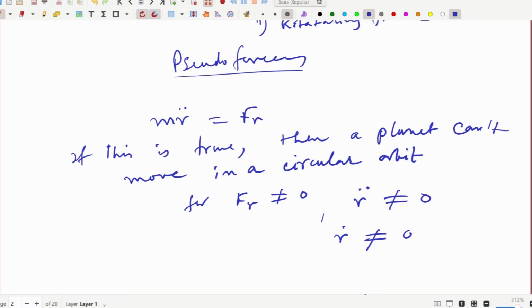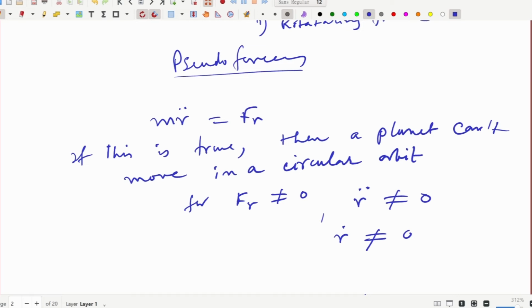So Newton's law, in other words, is only valid in Cartesian coordinates, in the inertial frame, which we generally take as Cartesian coordinates. This is the biggest disadvantage of Newtonian mechanics.